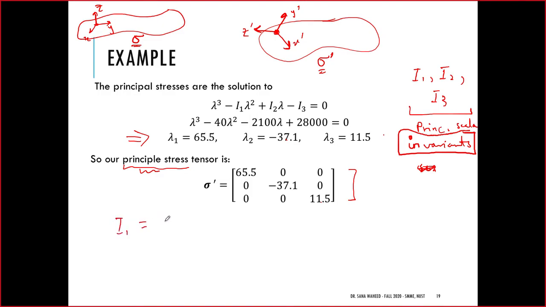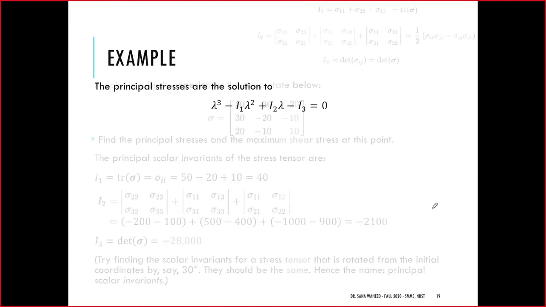I1 क्या था? I1 was the trace of sigma prime, तो trace क्या हुआ: 65.5 minus 37.1 plus 11.5, and if I do that, I have a calculator with me by the way, I came prepared, I get a value of 39.9. या अल्लाह प्लीज़ मेरी इज्जत रख लें और ये 39.9 ही हो पिछला वाला.